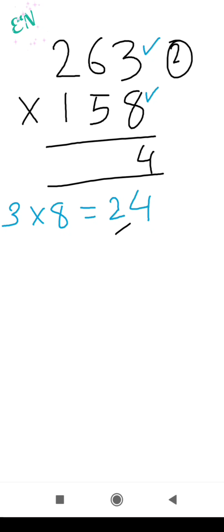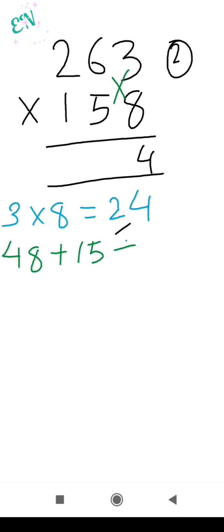In the next step, we need to multiply tens to ones and ones to tens. Same we did in the 2 digit multiplication trick. So 8 6s are 48. Then we will add 5 3s are 15. And also we need to take the carry.